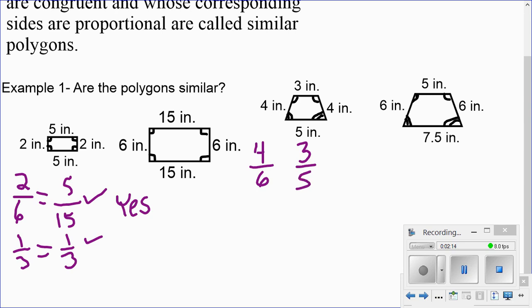So I'm looking at 4/6, which simplifies to 2/3. 2/3 and 3/5 are definitely not the same. So because those ratios are not equal, we don't have a proportion, which means that no, these trapezoids are not similar.